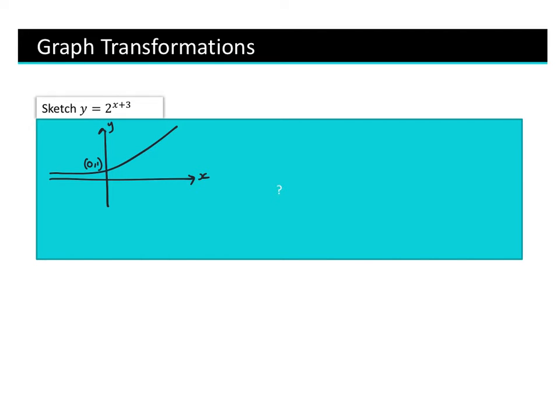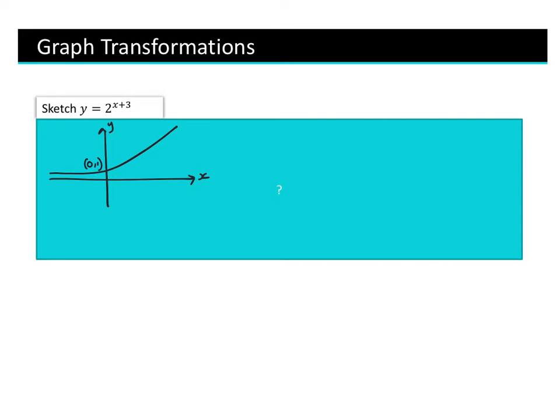We've got to sketch y equals 2^(x+3). Now think about it. My x plus 3, is this inside or outside the bracket? Inside the bracket. Who does it affect? X. And what are we going to do to the graph? Shift it. It's called a translation to the left, 3 units.